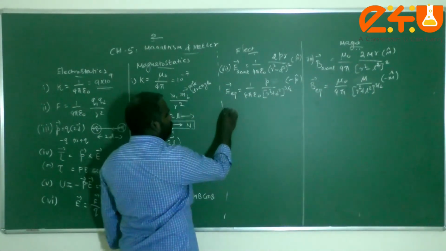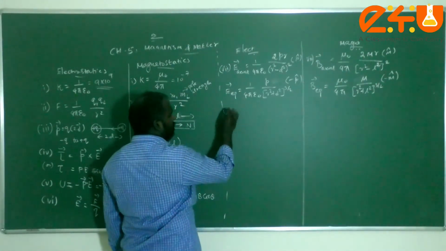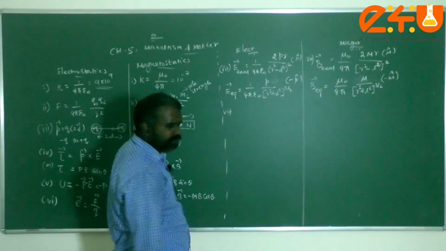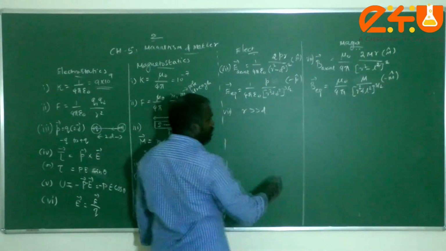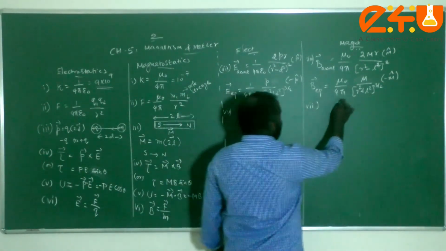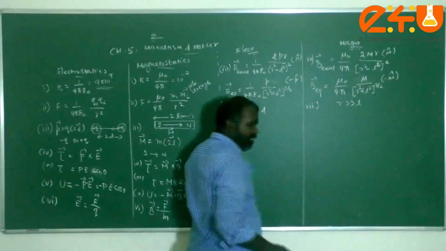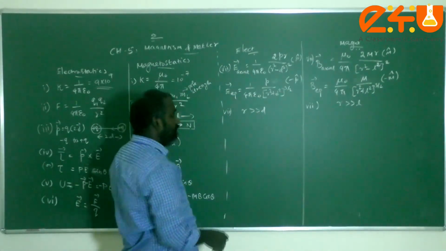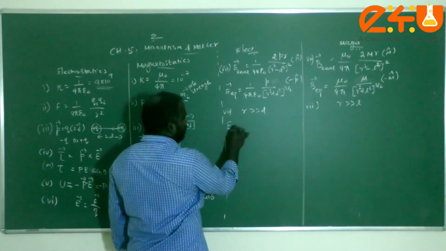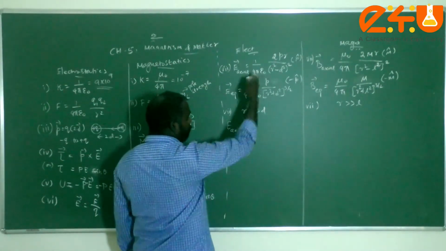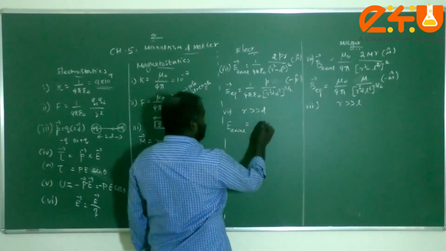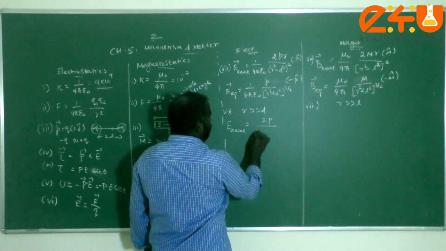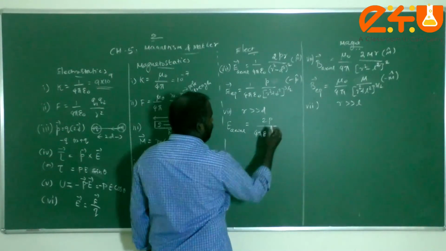And the next point, the seventh point we discussed: suppose R is very much greater than D, and here also R is very much greater than L, then those terms can be neglected. Then E axial, I can just write the scalar form since you are already aware of the directions, is 2p divided by 4 pi epsilon naught r cube.